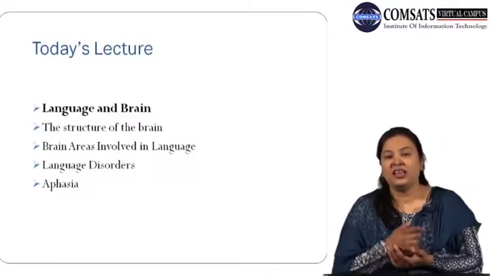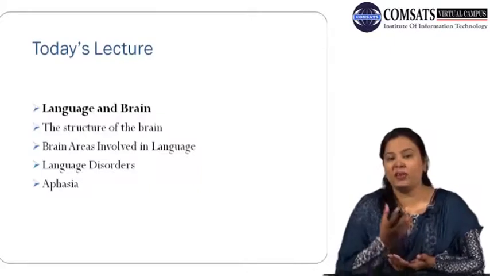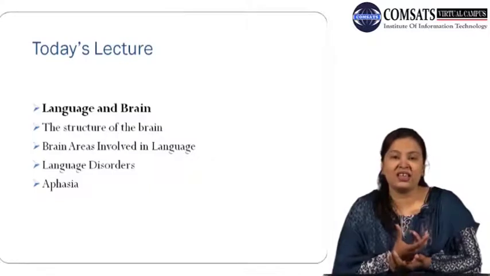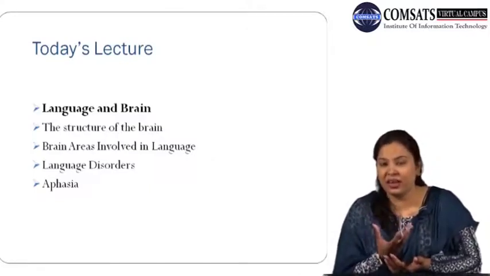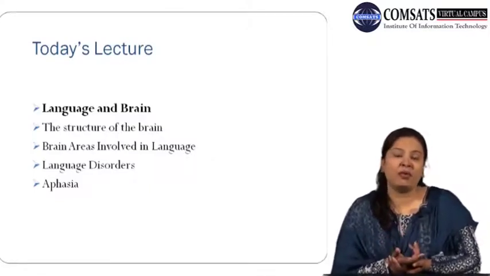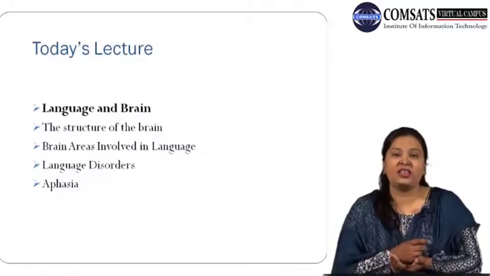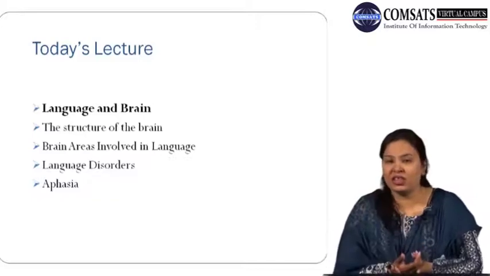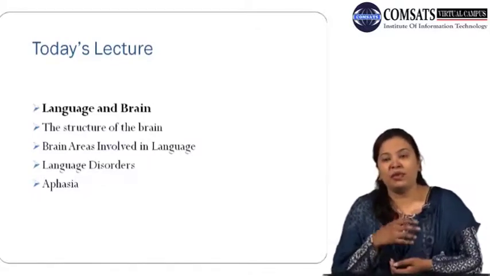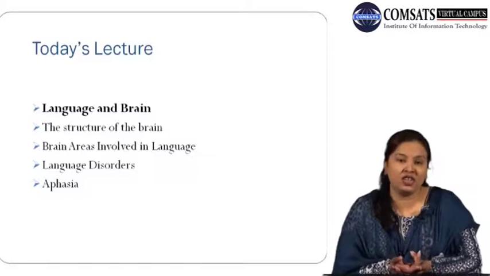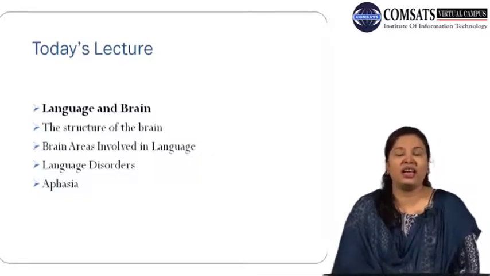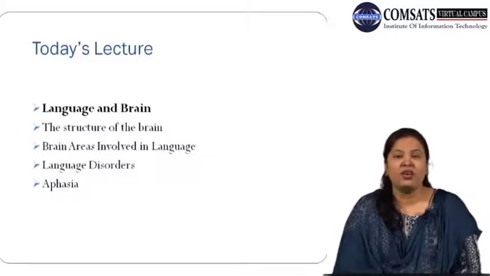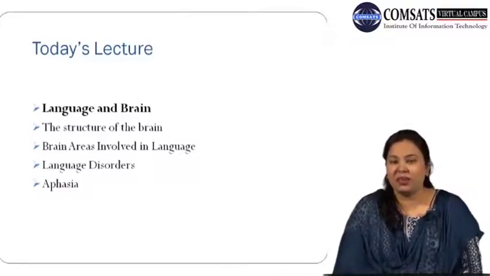And this way there were different people who were interested in where the language resides in the brain, and they proved with the help of certain experiments and observations that this is the part of the brain where the language resides. But again, in some cases we can see contradictions as well. So again we can say that there is a certain part of the brain that is fixed for language, but again we can put a question mark with it.